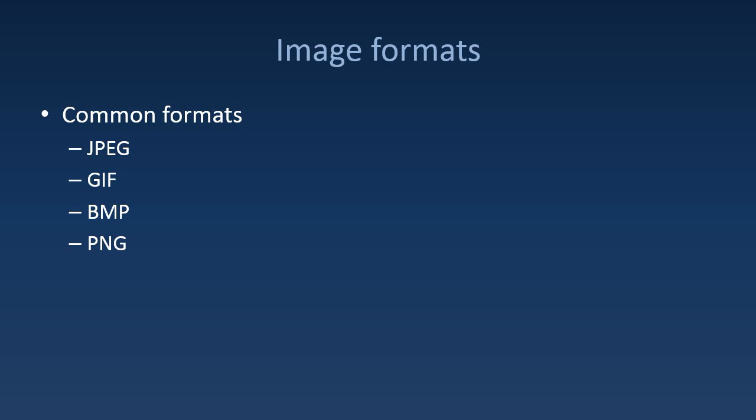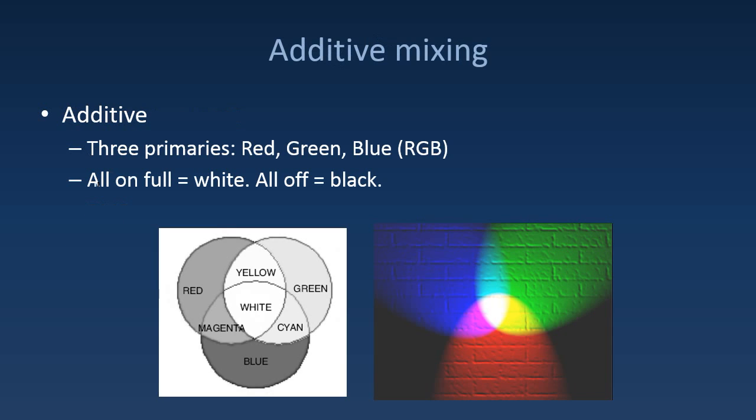Now, those bits that we use to represent the individual pixels go to describe the color. And there's actually multiple ways we can describe color, but the predominant method for computers is additive color mixing. That's where we take red, green, and blue values and mix them together. If we don't have any red, green, or blue, we have nothing, we have black.